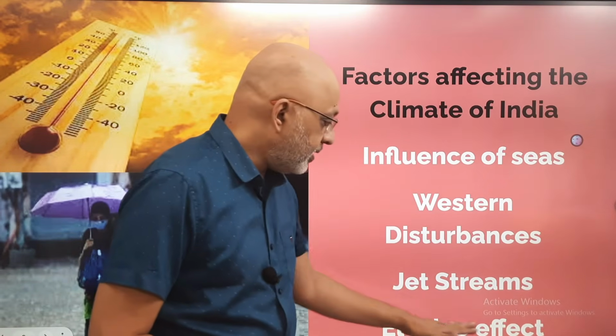Okay, finally we come to the El Nino effect. Now what is the El Nino effect? El Nino effect is a warm ocean current that appears off the Peru coast, so we are talking of South America, in December. It increases the surface temperature of the sea and affects the movement of the monsoon winds, because the sea is continuous, right?